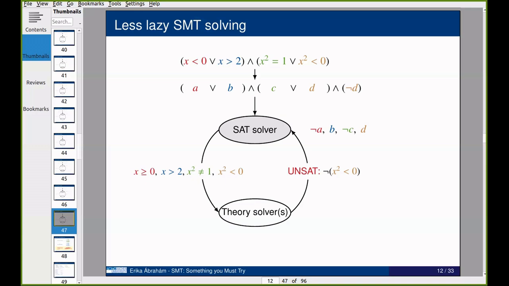Now, it works for a lot of different theories. If you are interested in which theories are there, you can look at the SMT-LIB page. There is also a graph of the different theories that are implemented in the input languages. And then you will recognize that there is also real algebra as a theory.